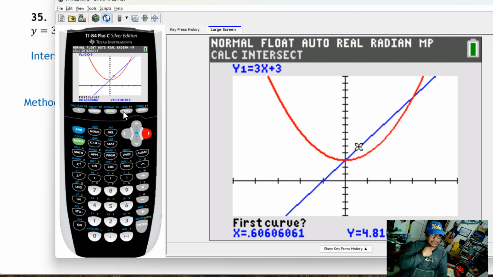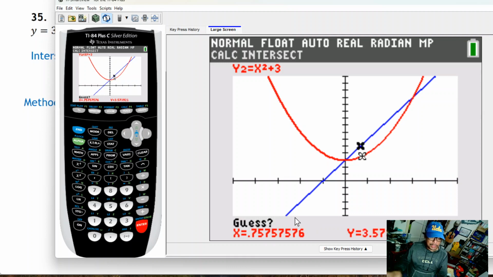First question is, can you verify for me that the cursor is on the first curve that's going to intersect? And I can say yes, it's on the blue curve, and the blue curve is going to intersect with the red curve. Once you push enter, it's going to ask the second question, which is, is the cursor on the second curve that's going to intersect? And yes, it is, so we'll push enter again.